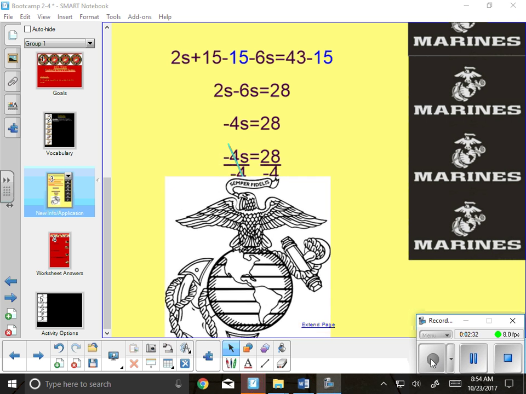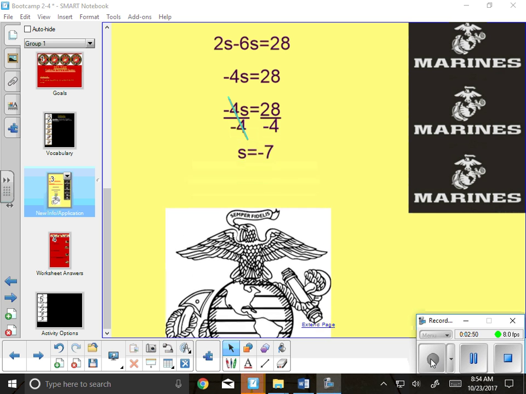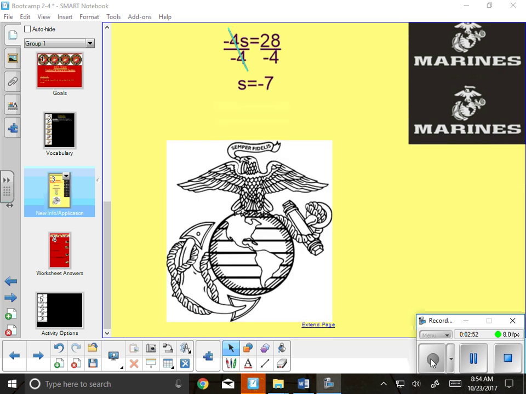And from there, I'm going to get rid of what is attached to the variable. So I'm going to divide both sides by negative 4. When I do that, I have s by itself on one side equals 28 divided by negative 4. When I do that division, s equals negative 7.